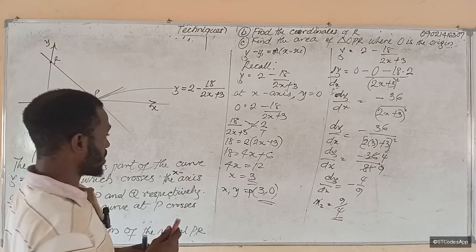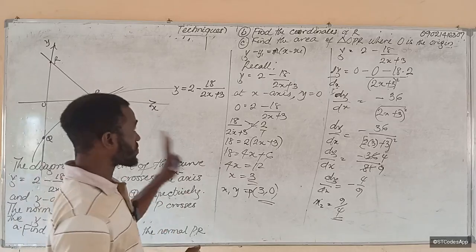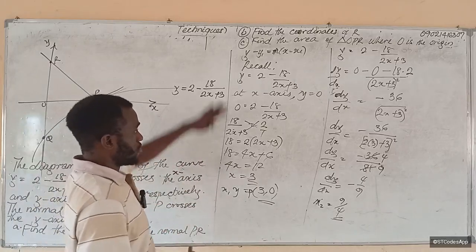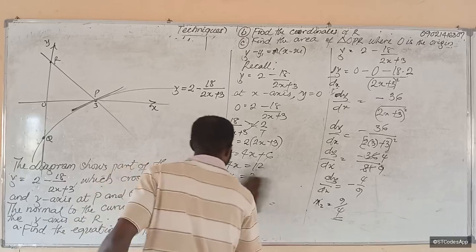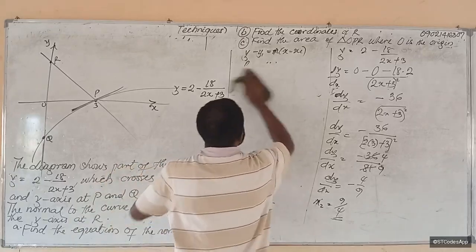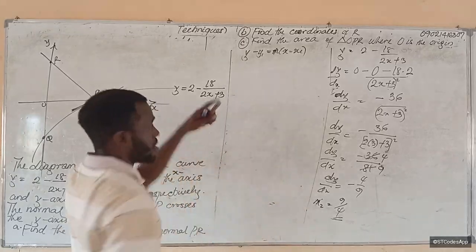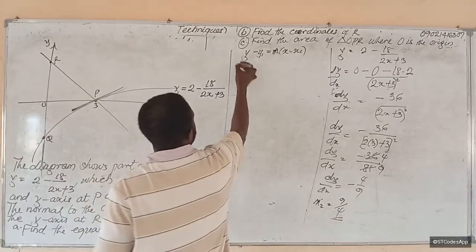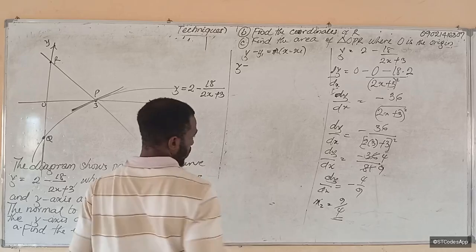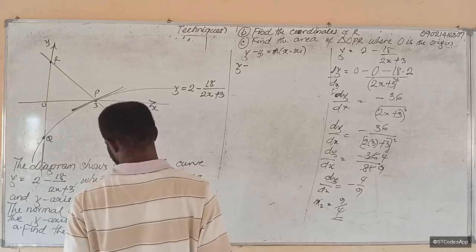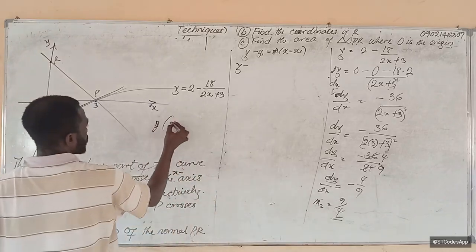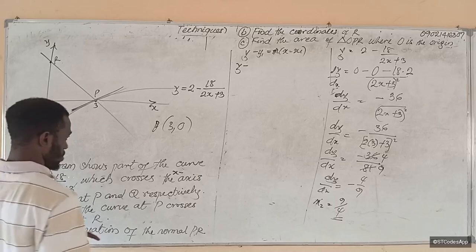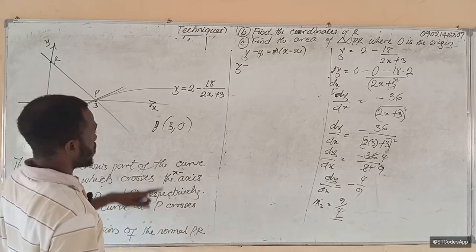So what are we to find next? We can now find the equation of the line. So I'm going to clean this. Using the above formula, y minus y1. What is y1? We got our point P to be (3, 0), so y1 will be 0.